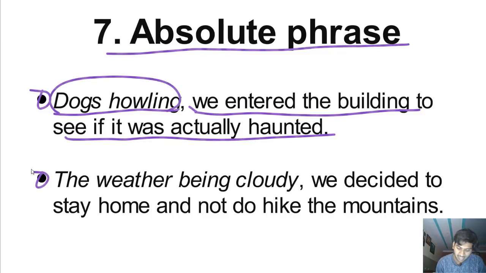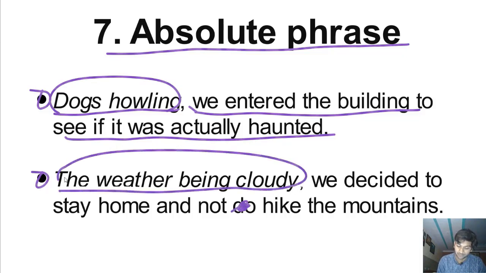All right, second example. The weather being cloudy, we decided to stay home and not hike the mountains. The weather being cloudy, this is the absolute phrase. The weather being cloudy, this is why we decided to stay home and not hike the mountains, right?